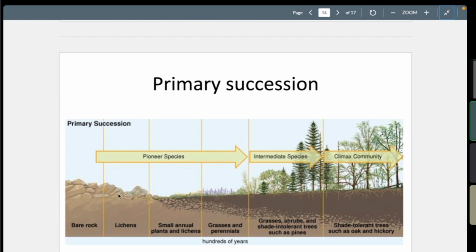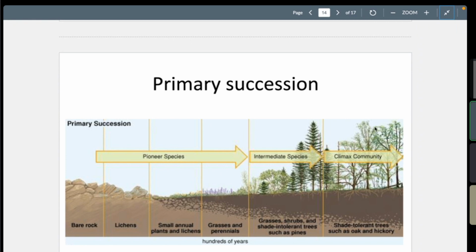But then you have lichens that are going to develop here, and they're going to prepare the ground for the trees later on. Then you have small annual plants and lichens, so more little plants, more foliage, grasses, and perennials. This is over the course of 100 years. Then grasses and shrubs and shade-intolerant trees such as pines.